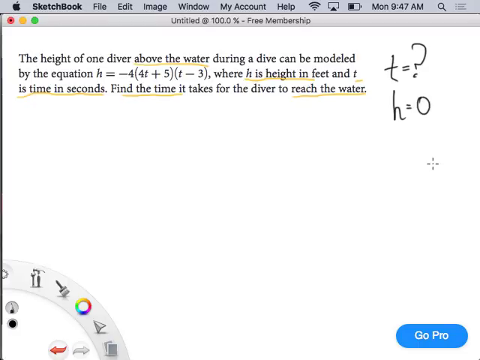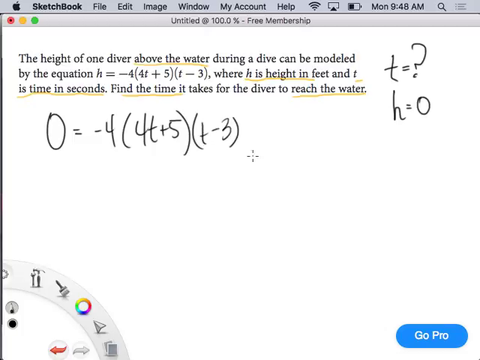What should we do? Begins with a P. Plug it in. We plug in the h equals 0 into our equation. So 0 equals -4 times (4t plus 5) times (t minus 3). You guys see that?